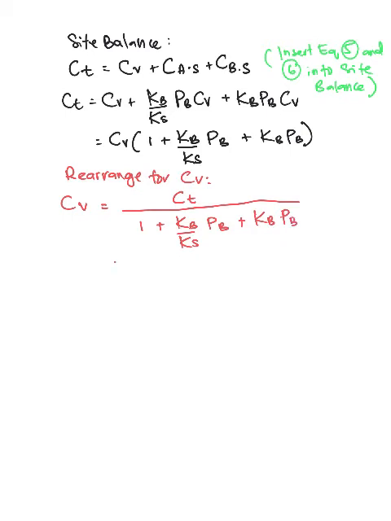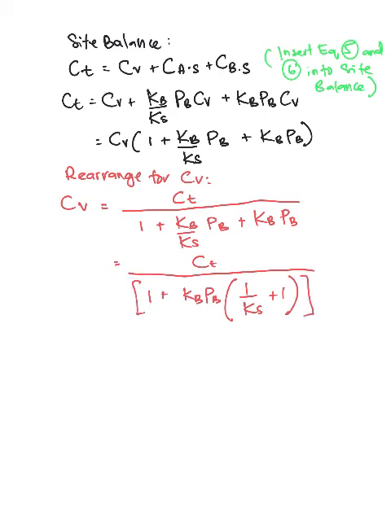Or you can simplify it as 1 plus Kb Pb bracket 1 per Ks plus 1. So the denominator is long, quite complex, the denominator of the equation. Right. So when we have the Cv equation, we already determine the equation for the species that attach to the active site.